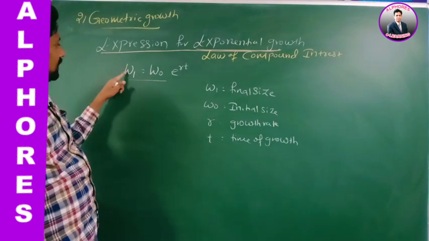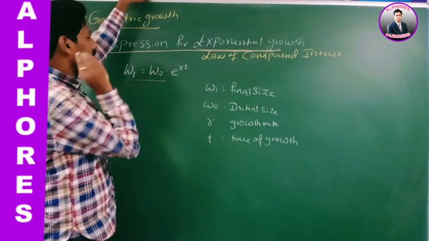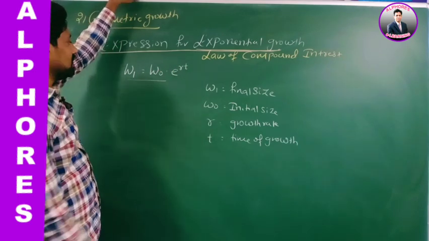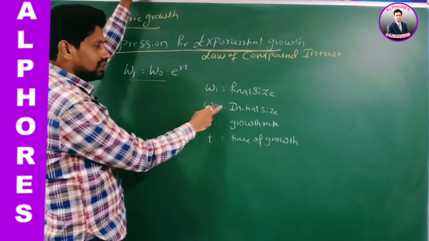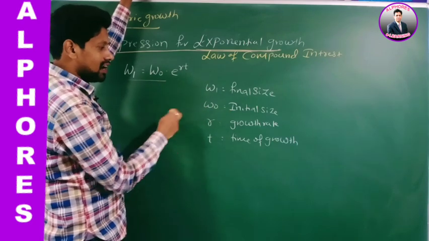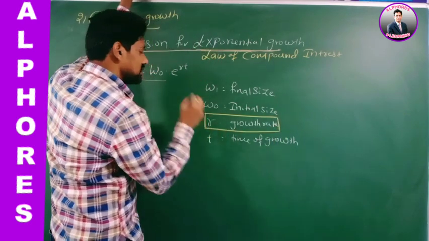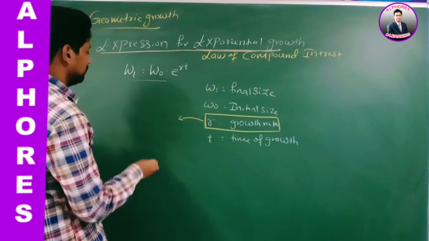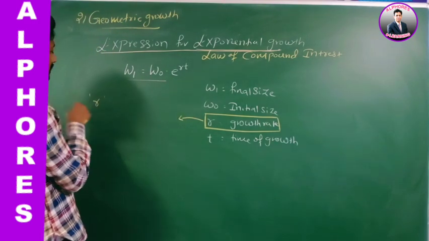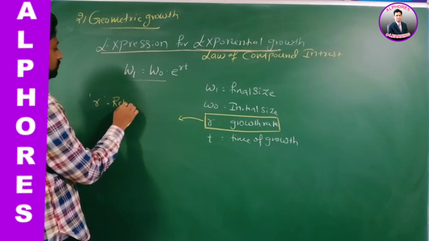Now here W1 equals W naught into e to the power of rt, where W1 is the final size, W naught is the initial size, and r is the growth rate. Here it is the relative growth rate.